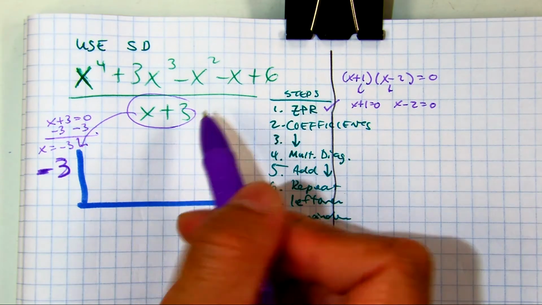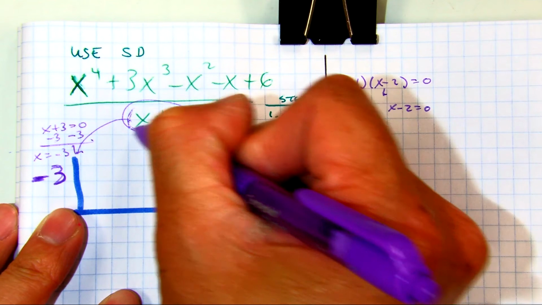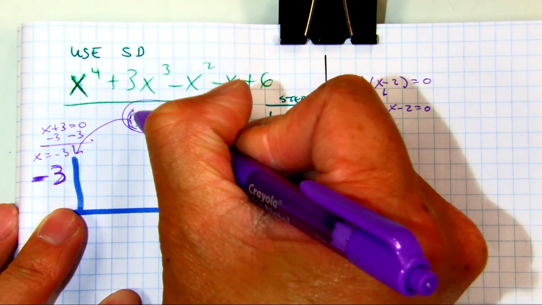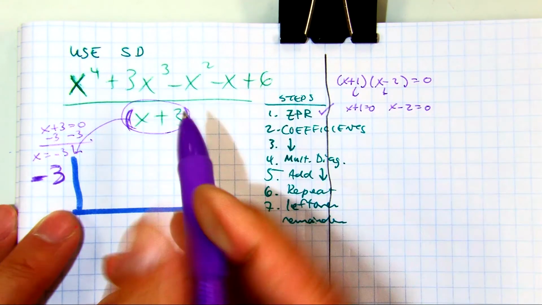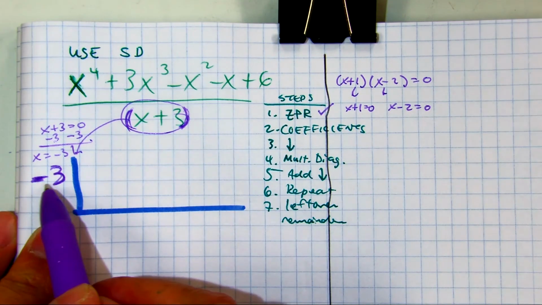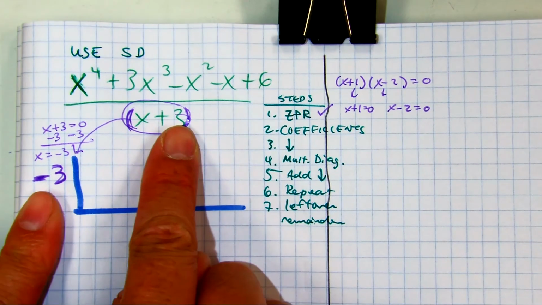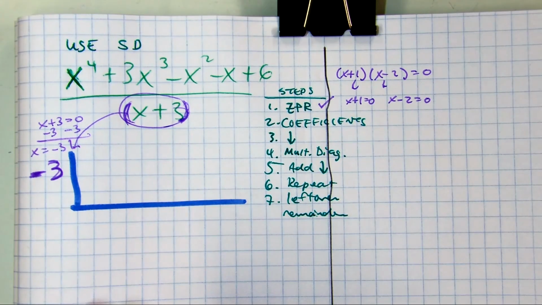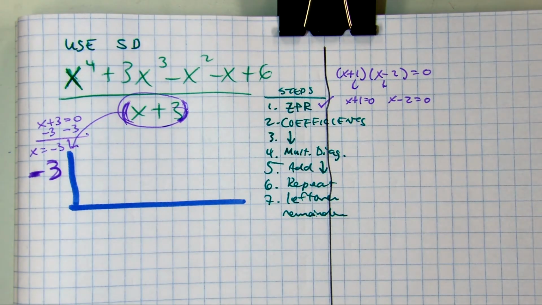So basically what you're doing, this is a huge idea for the next week or two, is that factors, or binomials, is the same thing as x equals negative 3. These are the same. Okay? What's step number 2? Let's get our coefficients.